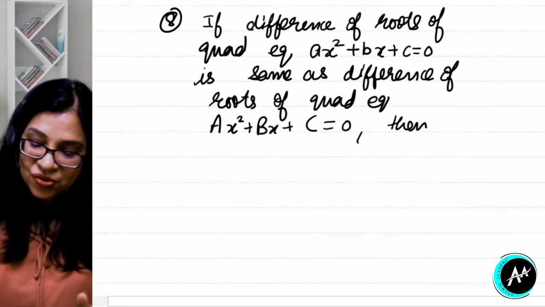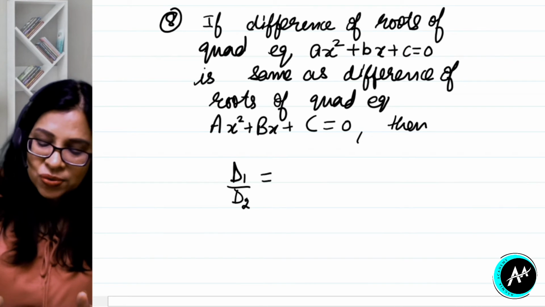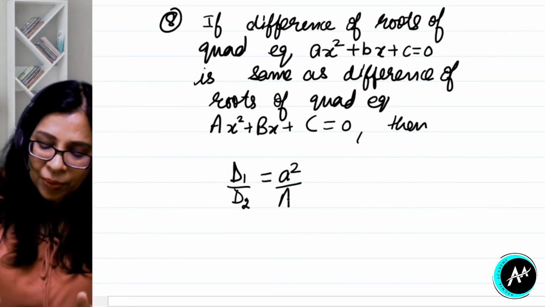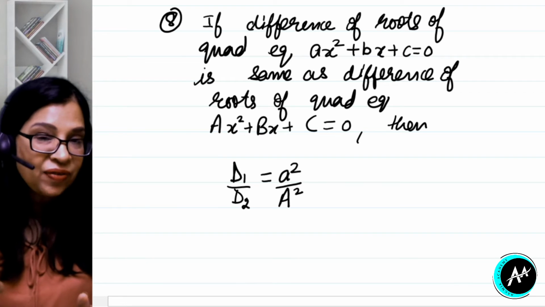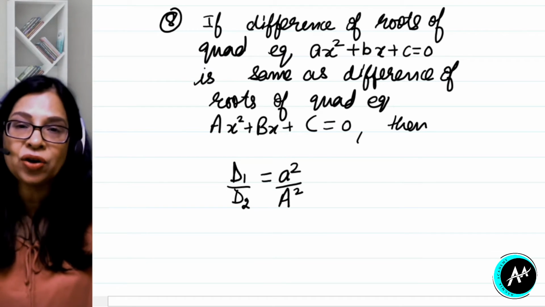Then I have this result that d1 upon d2 is equal to small a square upon capital A square, where d1 is the discriminant of the first equation and d2 is the discriminant of the second equation.